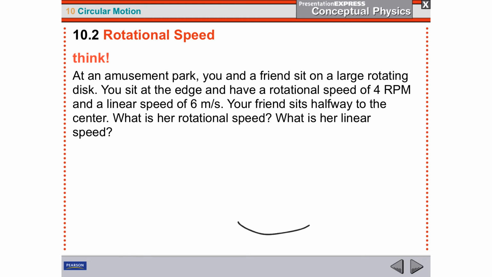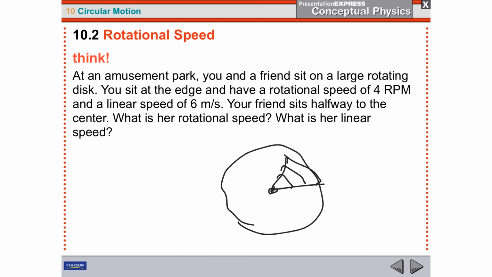So if you're on the same disc, then the disc is going one speed. It's going 4 rotations per minute. And all of that is the same anywhere on the disc. So the rotational speed is the angle that's changing in a certain amount of time. And no matter where you sit on that disc, your rotational speed is the same.